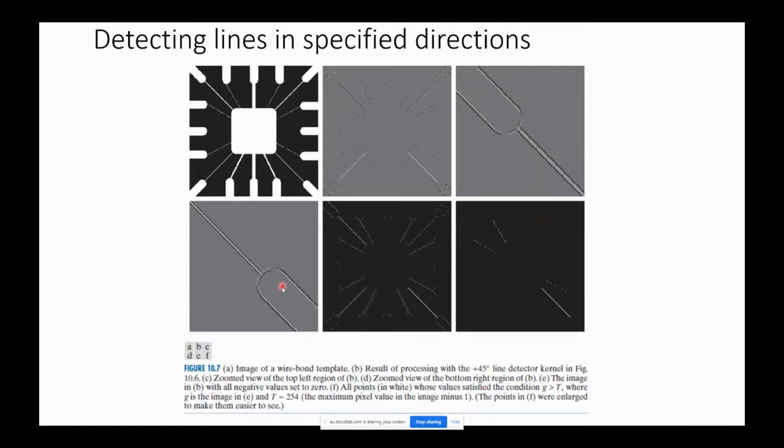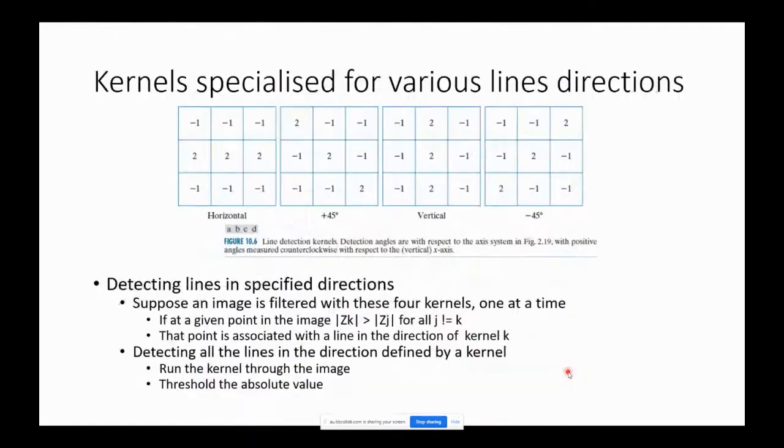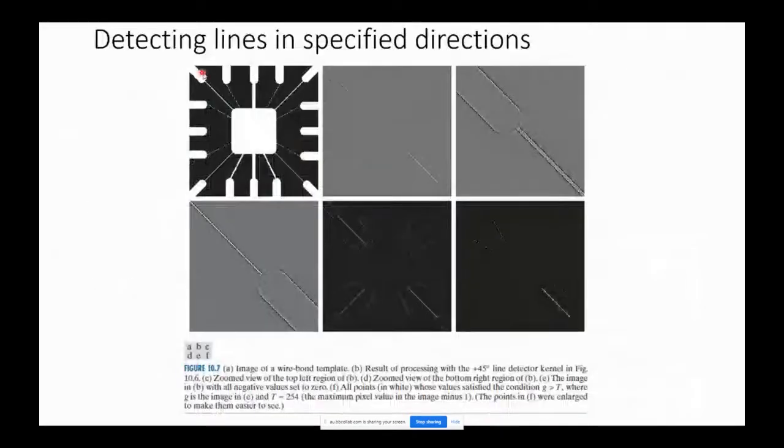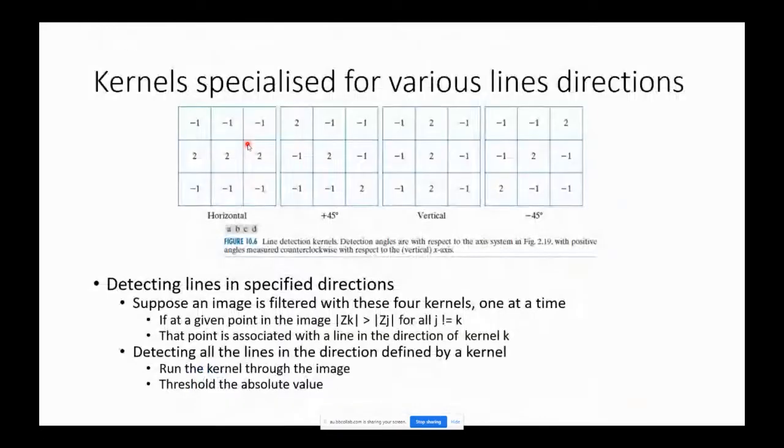This is the result then of detecting lines in specified directions with the same image here. There's the image of a wire bond template. This is the result of processing this image with a 45 degrees line detector kernel, basically with this kernel.